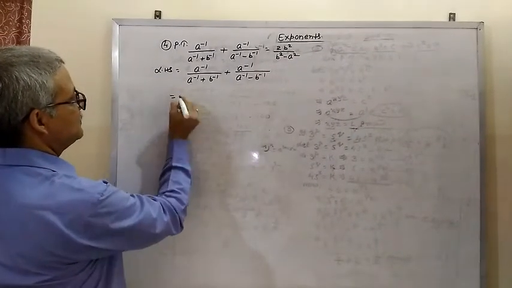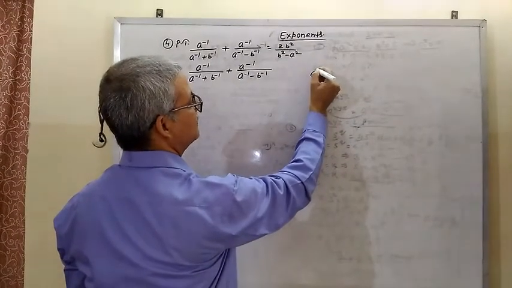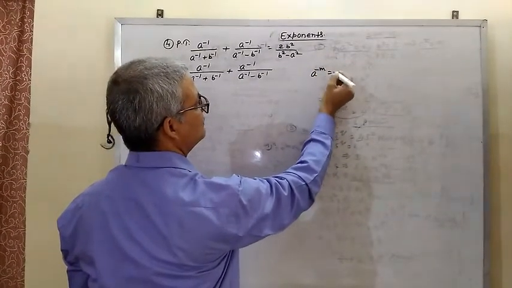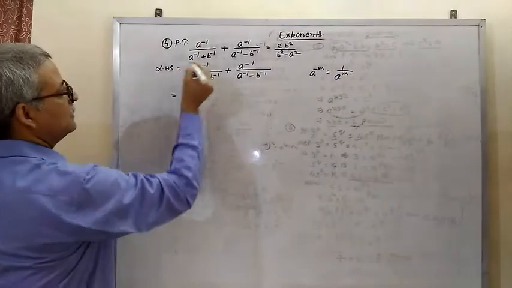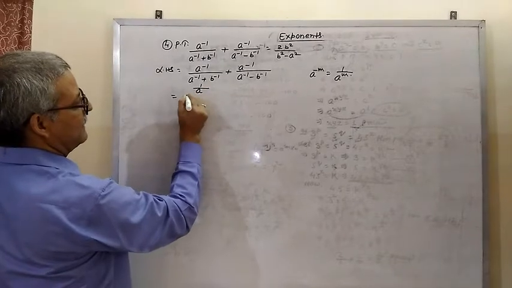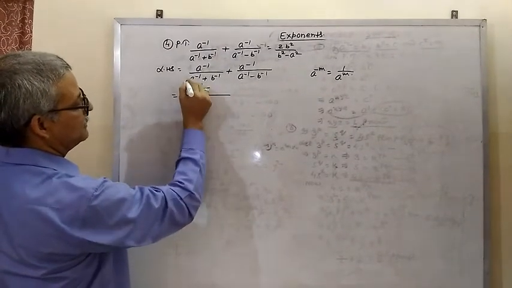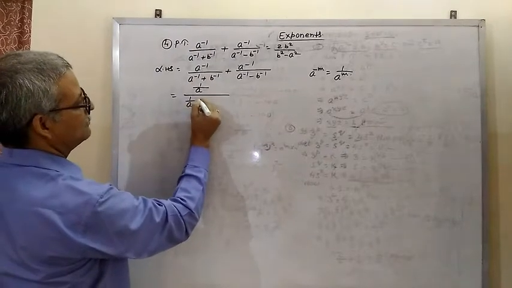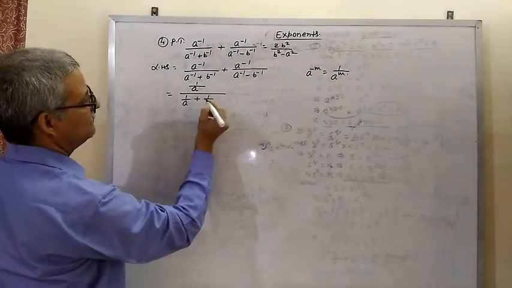In the properties I already gave, a to the power minus m is equal to 1 by a to the power m. So a to the power minus 1 can be written as 1 by a, divided by, again a to the power minus 1 is 1 by a, plus b to the power minus 1 can be written as 1 by b.